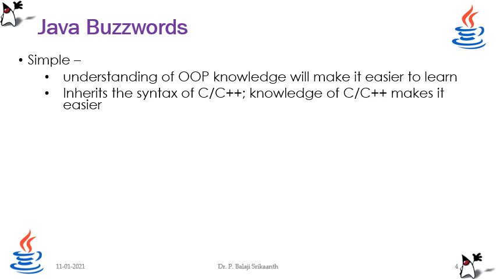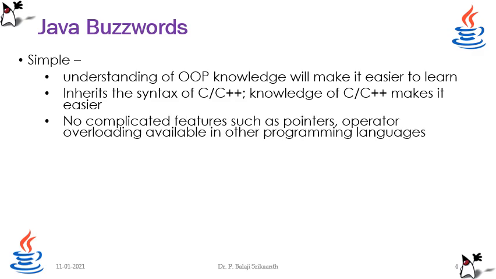That way it is simple. Once you know the basic syntax, writing Java programs will be easy to understand. Moreover, complicated features such as pointers and the operator overloading feature of C++ were not included in this programming language.